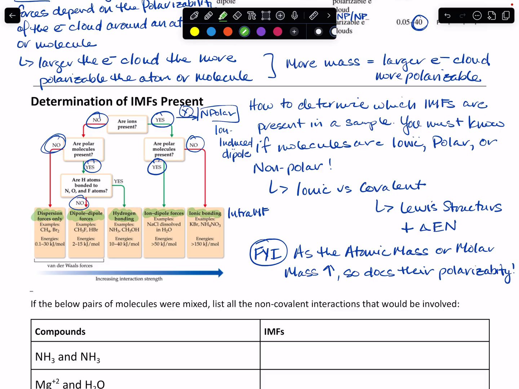The strength is increasing from the weakest nonpolar interactions up to the ionic interactions. So you need to be able to look at what you have in your sample and decide what types of intermolecular forces are being utilized. Now, we are always going to focus on the strongest. That doesn't mean it's the only one, but it is going to be the one that influences the physical properties.